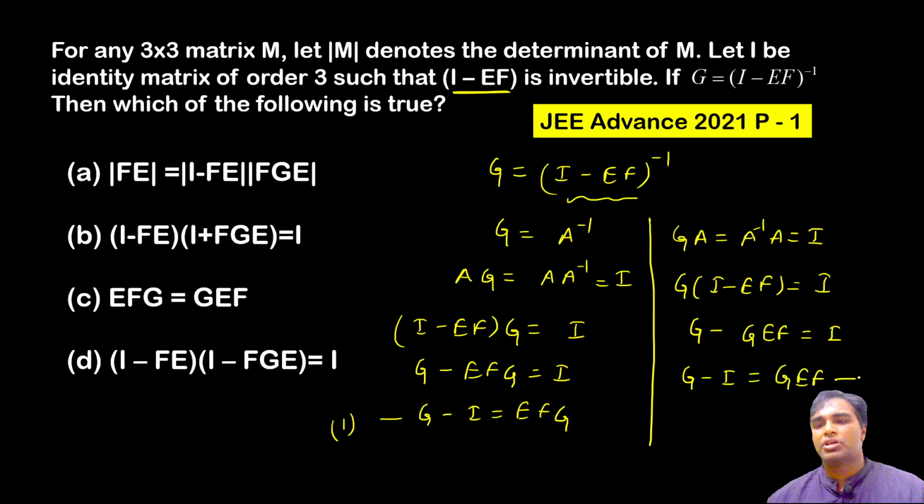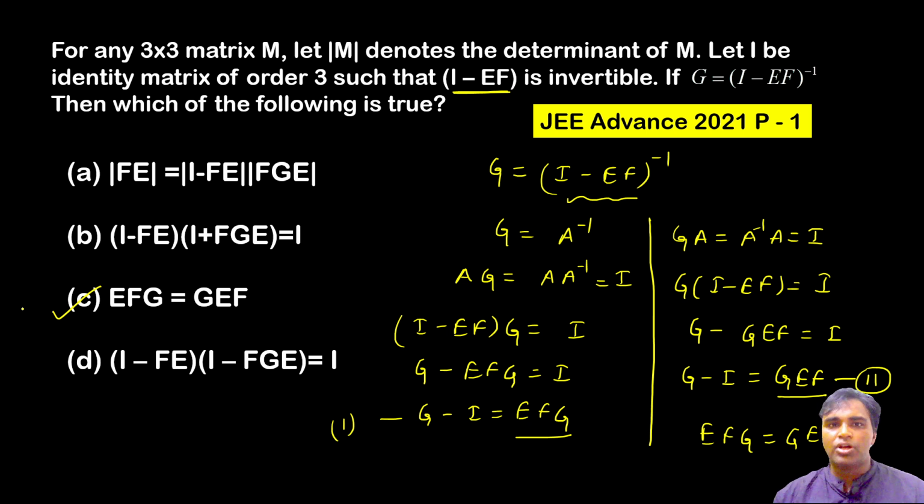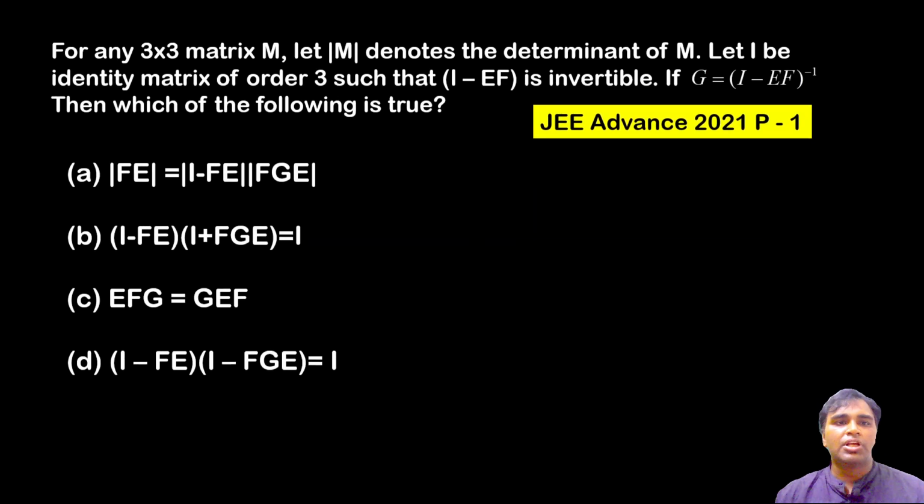GEF. Now if you compare the first and second equation, EFG and GEF, are they equal? Yes sir, they are equal. So we can conclude from here, EFG is equal to GEF. Clear? So in this, my C option is correct, but we have to check all other options because it is a multi-correct. So let's see all the other options.